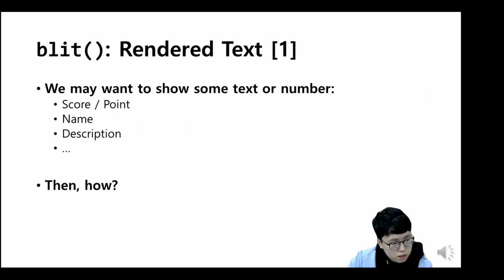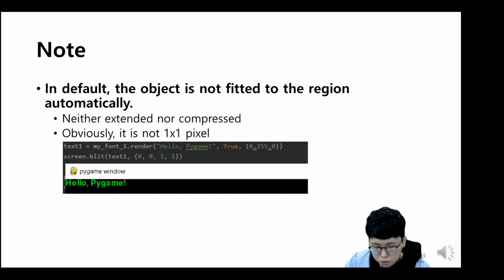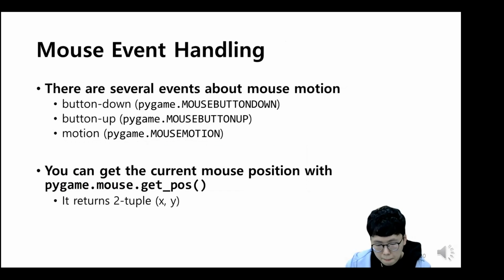And you can float the rendered text anywhere you want on your screen also. This is an example code. And by clicking the mouse, you can draw shapes like circles or squares where you want.